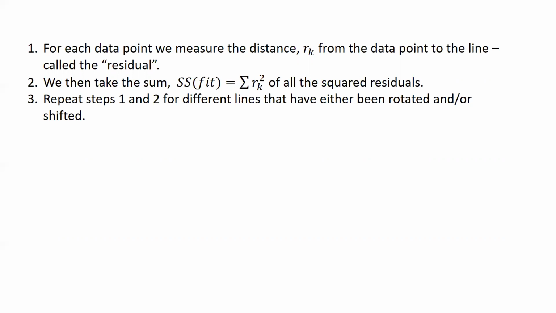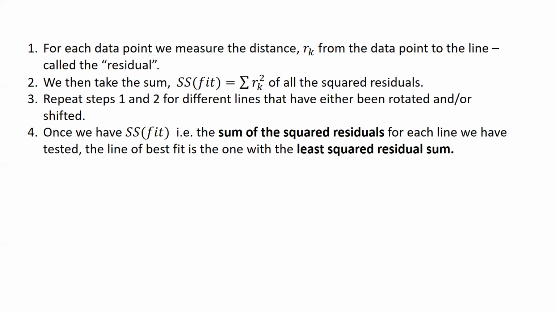And we're going to do this for thousands of lines. Because computers are quick, they can do this. So we just repeat this step, and for each candidate line that we plot, we take note of our SS fit, the sum of the squared residuals. The best line of fit is the one with the least sum of squared residuals.